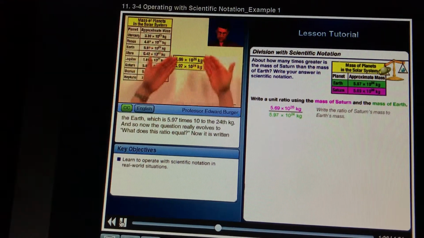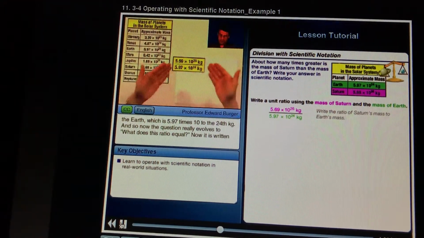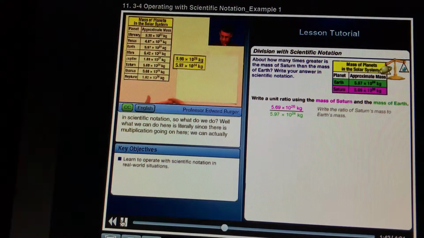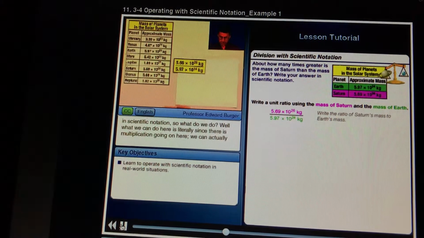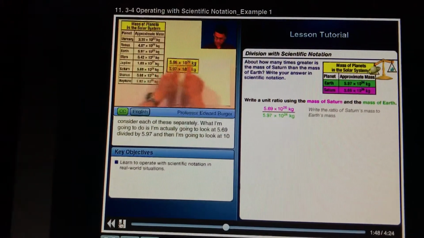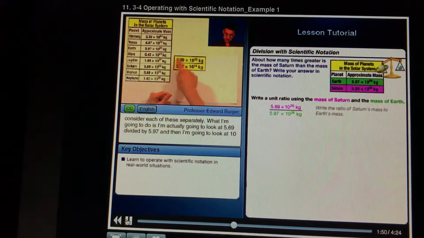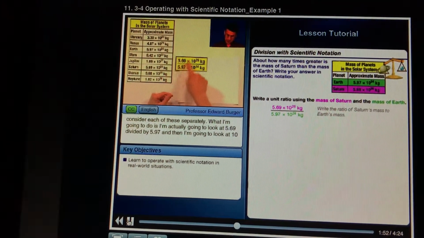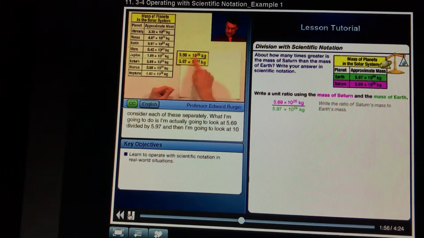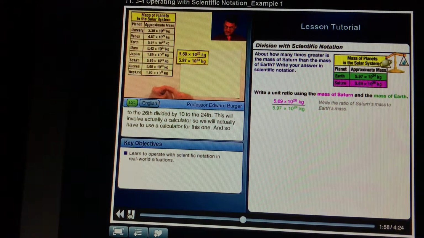And so now the question really evolves to, what does this ratio equal? Now, it's written in scientific notation. Since there's multiplication going on here, we can consider each of these separately. So I'm going to look at 5.69 divided by 5.97, and then I'm going to look at 10 to the 26 divided by 10 to the 24th.